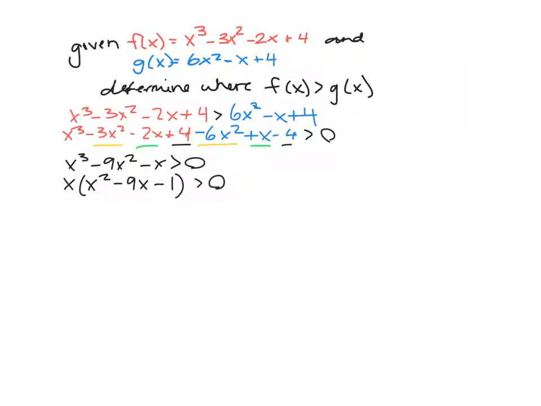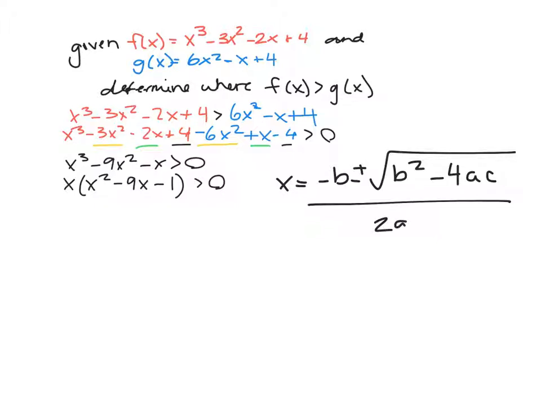We know the quadratic formula is x is equal to negative b plus or minus the square root of b squared minus 4ac all over 2a. So let's start with a. A is 1, b is negative 9, and c is negative 1.